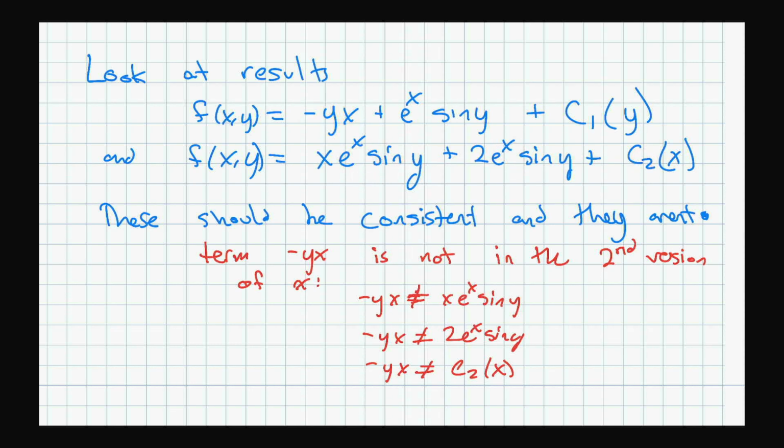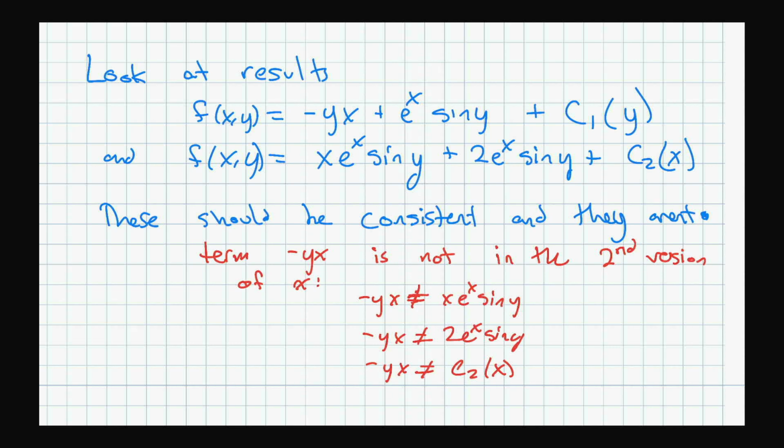And there's other problems as well, right? Like you could say, well, what about this one? Where is it in the first equation? Well, this is not negative yx. This is not e to the x sine y. It almost is, but this has got a 2. This doesn't have a 2. So this is not this. And also 2 e to the x sine y is not part of here because this is a function of y only and this has x's. So that's another problem, right? And there's lots of other problems here.